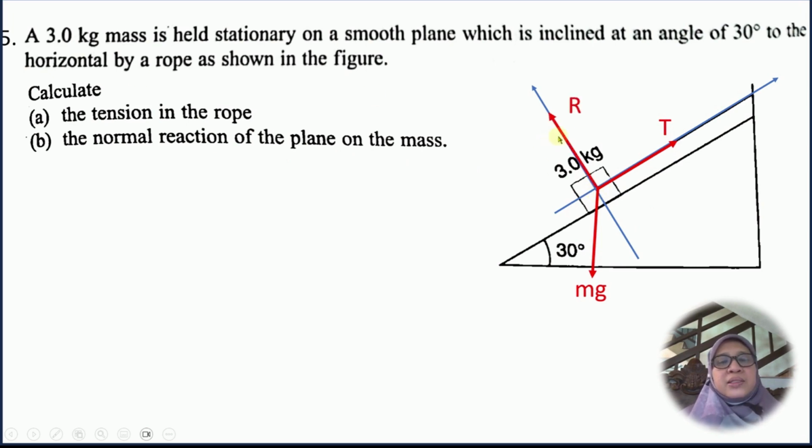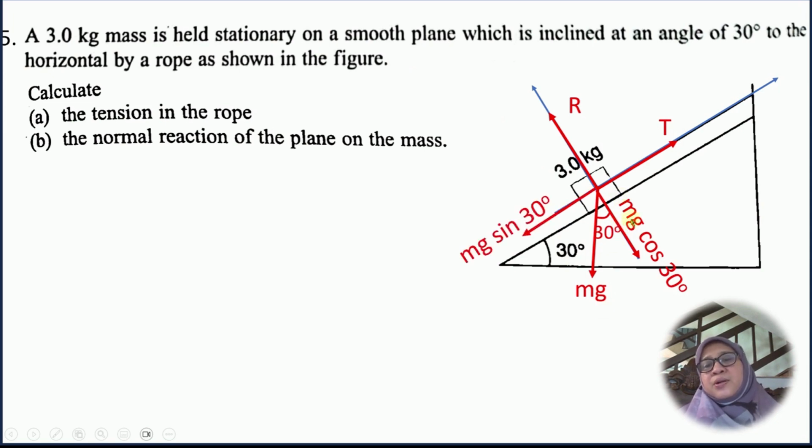Another force is the reaction by the surface plane. The angle here is 30 degrees because this is a similar triangle. Then we can resolve the components of mg: mg cos 30 degrees for the y component, and the x component of mg will be mg sin 30 degrees.